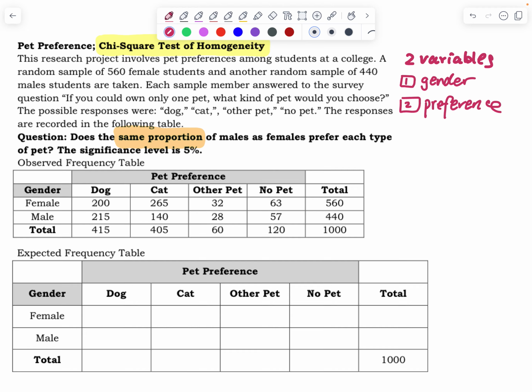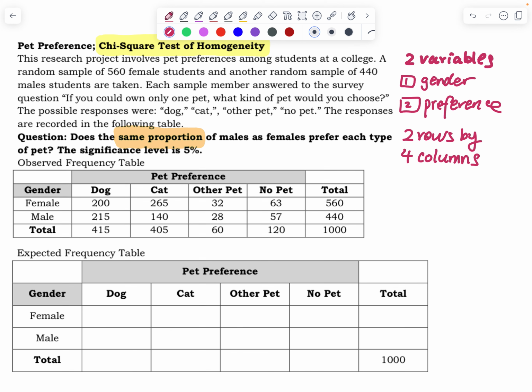The dimension, this is extremely important. The dimension is 2 rows by 4 columns, right? The totals don't count. 2 rows means gender has female and male, and 4 columns is for preference.